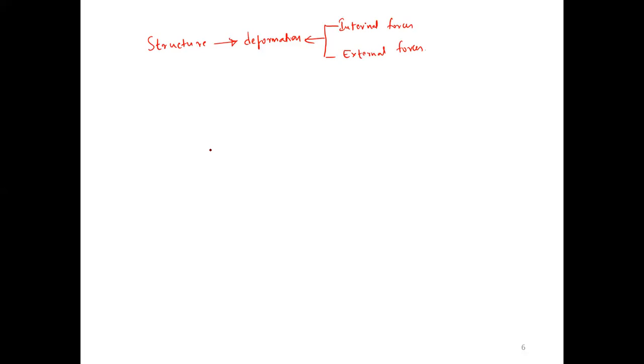What is meant by static indeterminacy? First thing, what is meant by statics? Non-moving, stationary, right? So the word static means stationary, which means at rest. It's not moving. What is meant by indeterminacy?